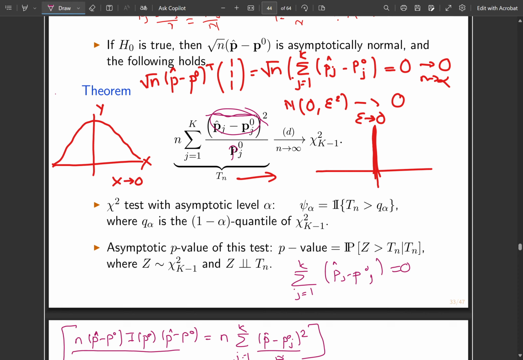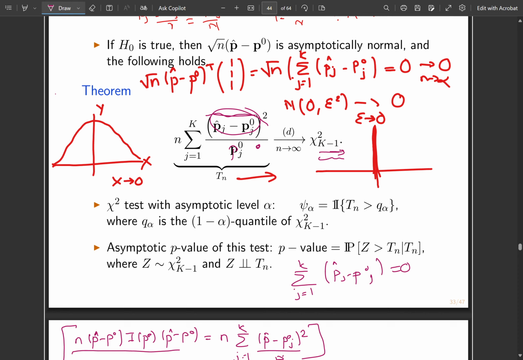Here the value is a little bit larger than before, and this value is a little bit smaller, so there is some kind of compensation going on here. Here the value is a bit larger, but this is smaller.